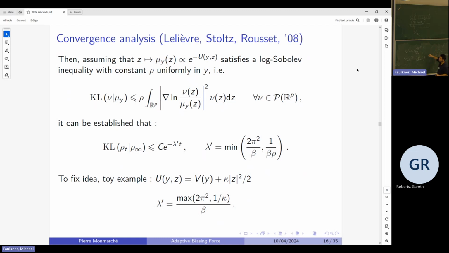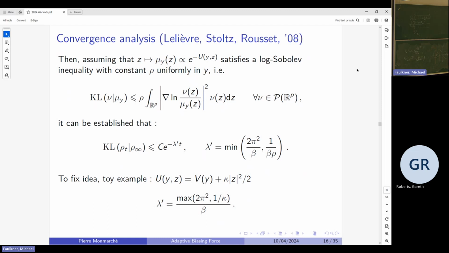Rho is expected to be of the order of the critical depths within this part. So even though you have metastability in y, for each y you have no metastability in z.